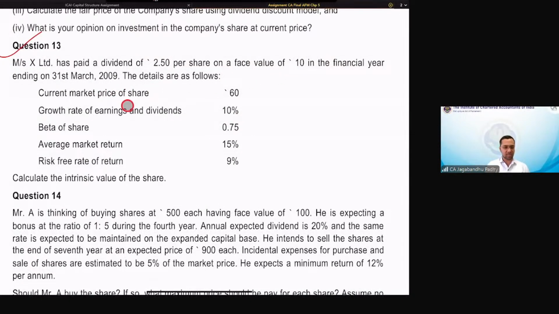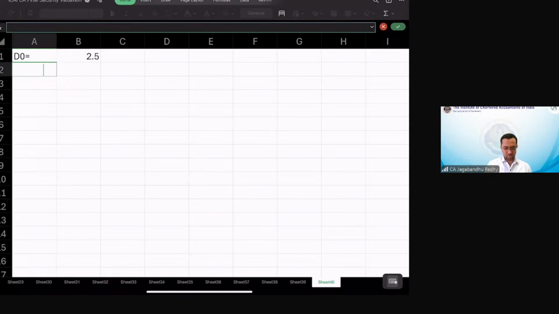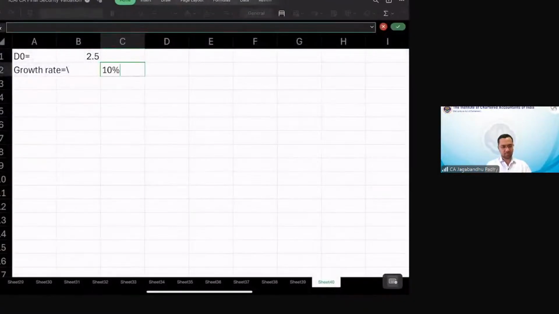The current market price of the share is 60. The growth rate of earnings and dividend is 10%.